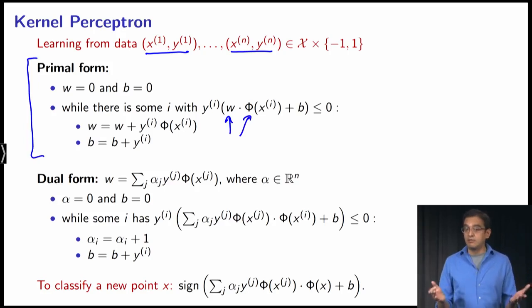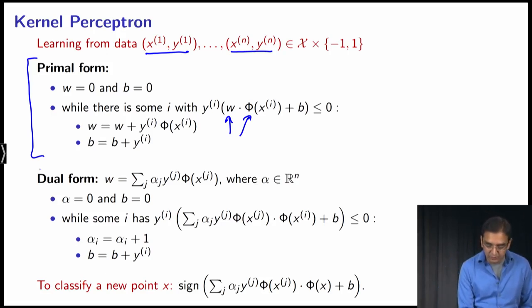This is a perfectly correct algorithm, but the downside is that w and these phis can be extremely large, so large as to be impractical in many situations. To deal with those cases, we can instead use the kernel trick and work with the dual form of the algorithm, which is shown down here.